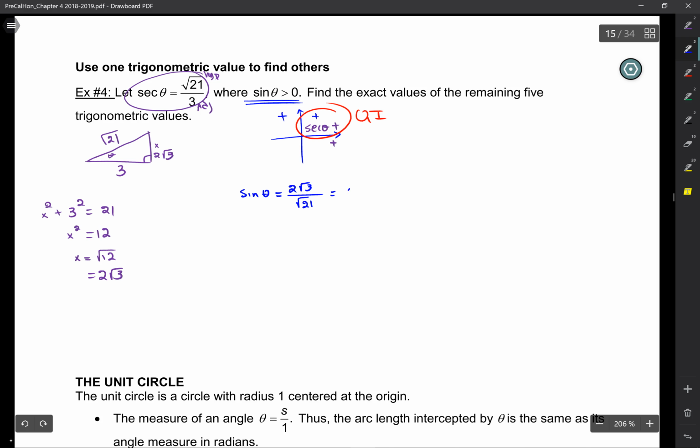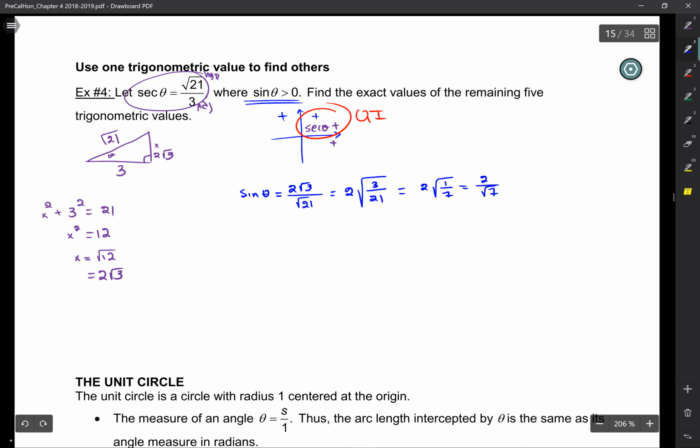We can combine things in a root. Root 3 over 21, right? So that would be 2 times root 1 over 7, which is the same as 2 over root 7. Okay, and you can leave it that way.